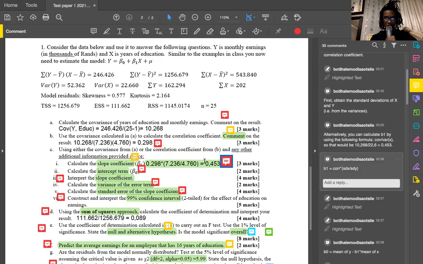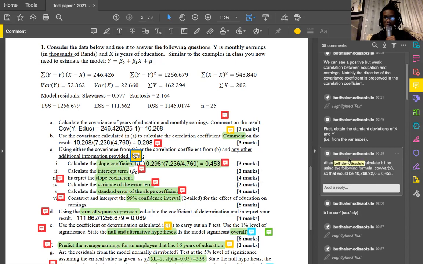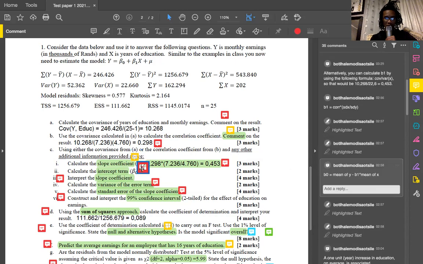Yeah, so there it is. There's the formula to find the slope coefficient, correlation times standard x divided by standard y. Then the alternative would be to calculate by using the following formula: covariance divided by the variance of x, and then you get the same answer. Then with the intercept, mean of y minus b1 times mean of x.